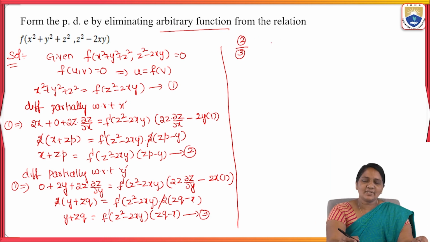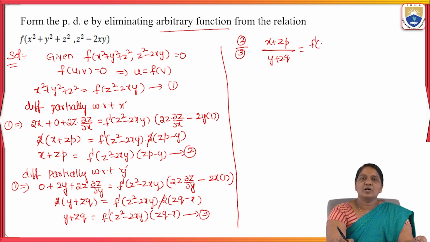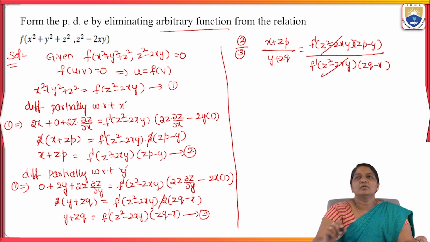So here the second one is x plus zp by, here in the third equation, y plus zq is equal to f dash of z square minus 2xy into zp minus y by f dash of z square minus 2xy into zq minus x. Here the function is eliminated, cancelled.